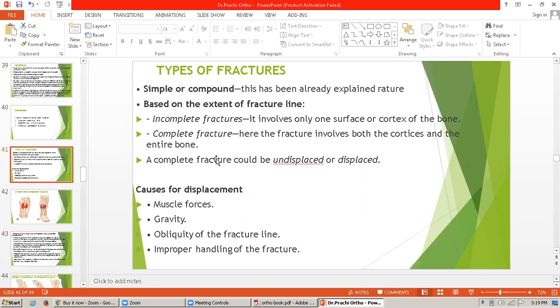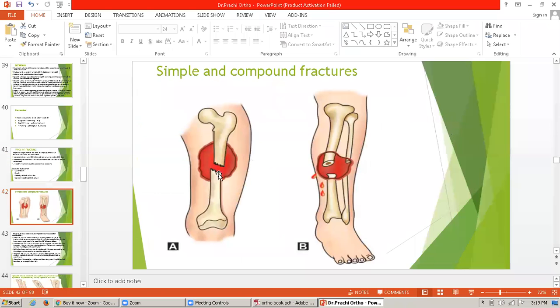So simple or compound, it is a complete or incomplete, two types, but this is a complete fracture and this one is also a complete fracture, but it involves two bones and this involves only one.